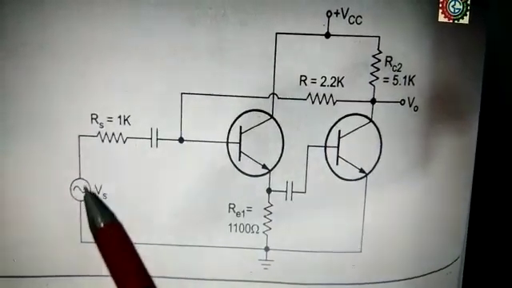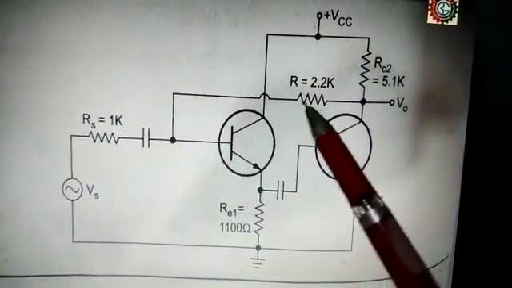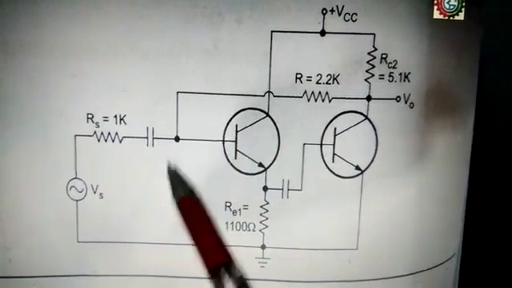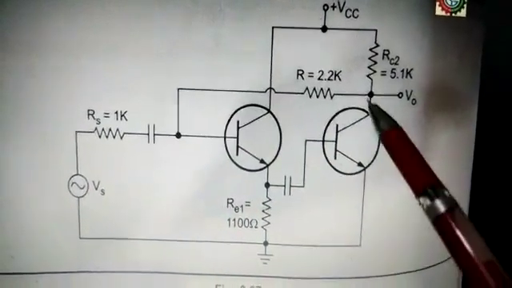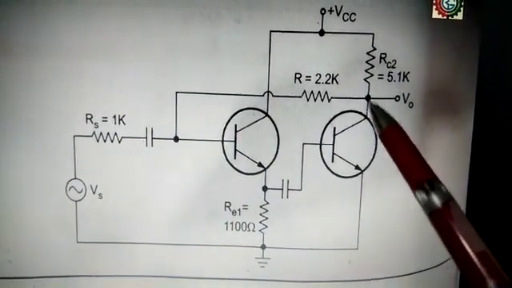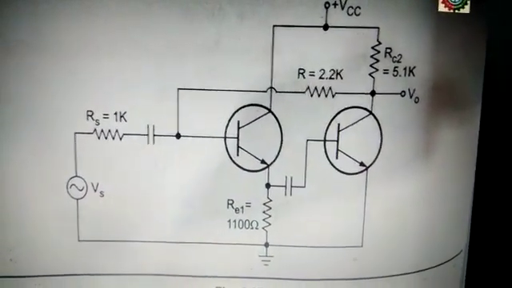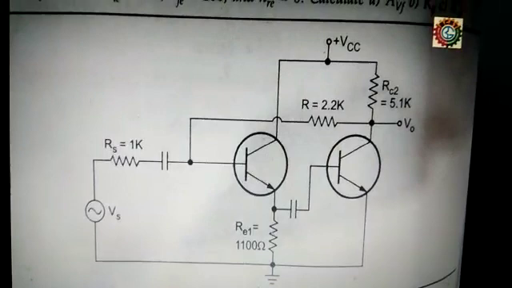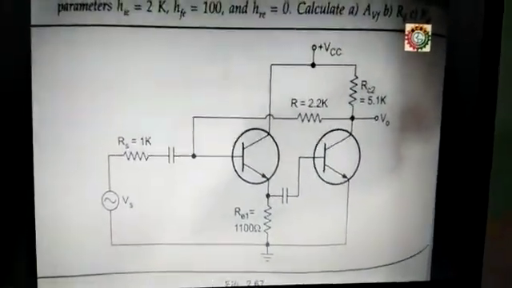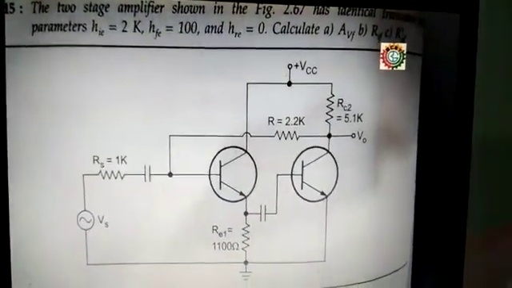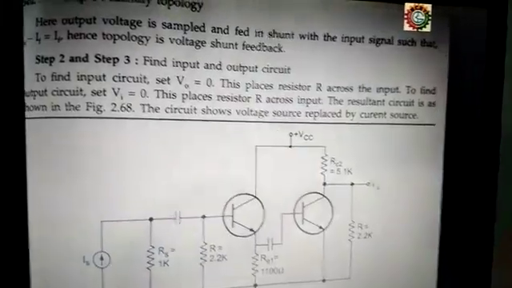So the Norton current is parallel to the current IF, hence it is shunt at the input and voltage at the output. So the given circuit is a voltage shunt feedback.